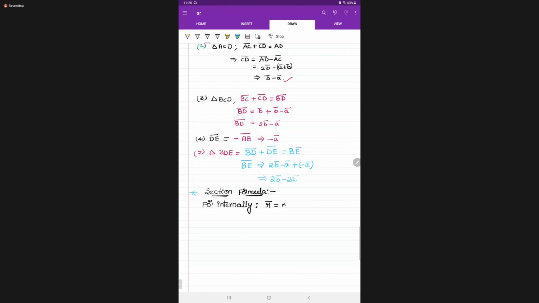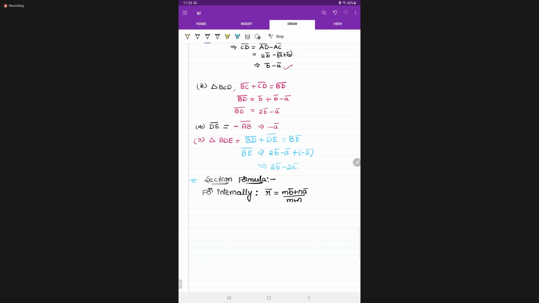For internally, R bar is equal to (MB bar plus NA bar) divided by (M plus N). For externally, R bar is equal to (MB bar minus NA bar) divided by (M minus N). For midpoint, R bar is equal to (A bar plus B bar) by 2.